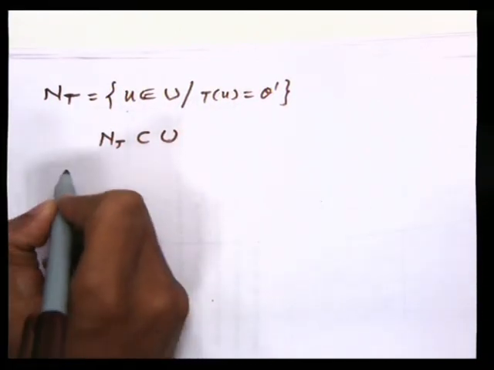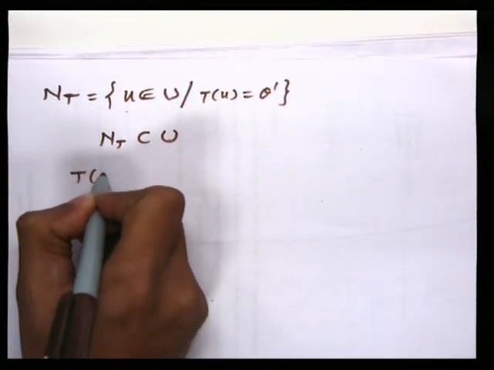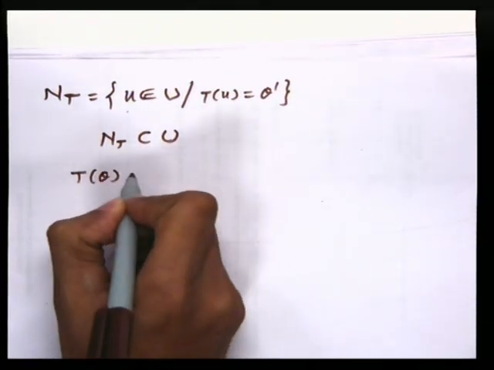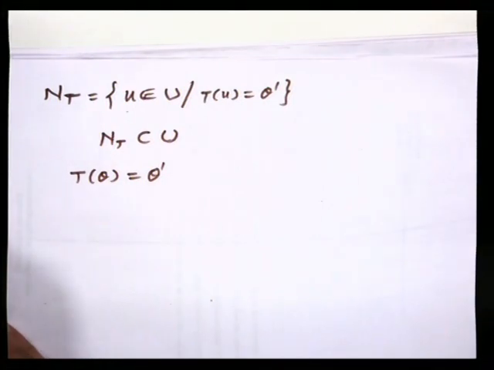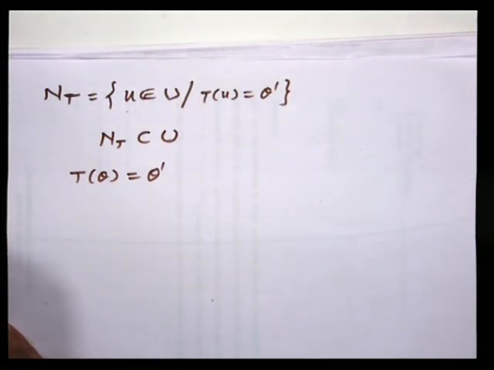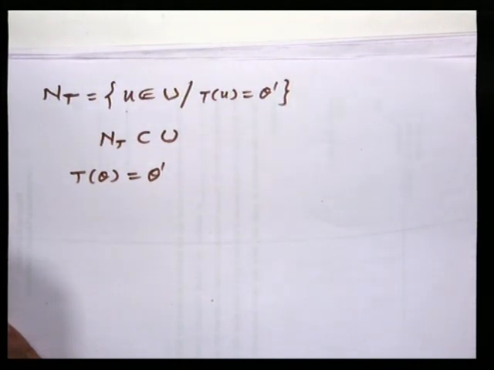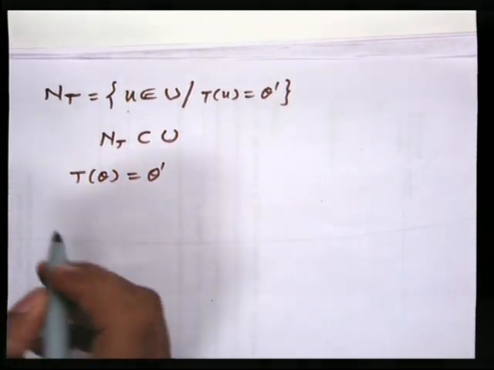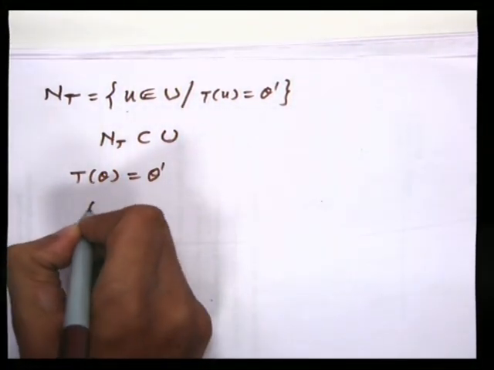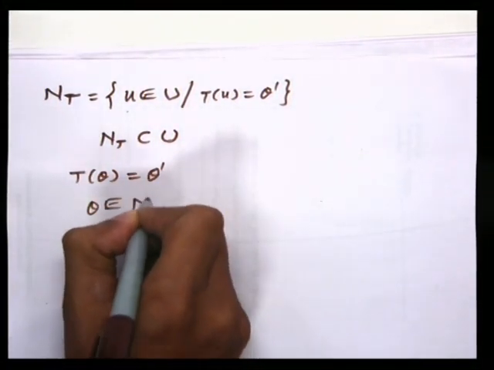Also, by the elementary property of linear transformation, we know that T of theta is equal to theta dash, where theta is the zero vector of U and theta dash is the zero vector of the space V. So obviously this theta belongs to the set NT.